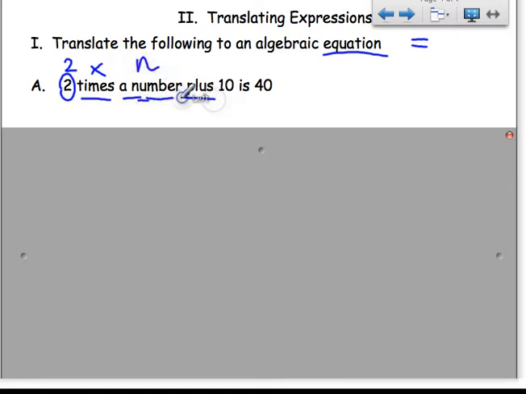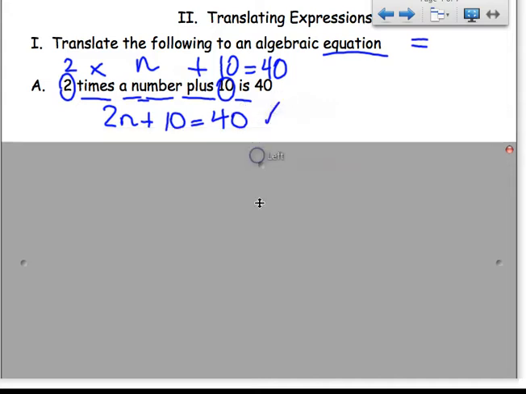Plus, that's an operation word telling me addition. 10, another word I have, is one of my words for equals 40. So altogether, what that means is 2 times a number, which is 2n, plus 10 is equal to 40. I've translated that English expression into a math equation.